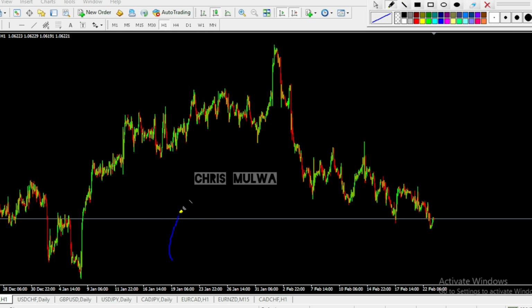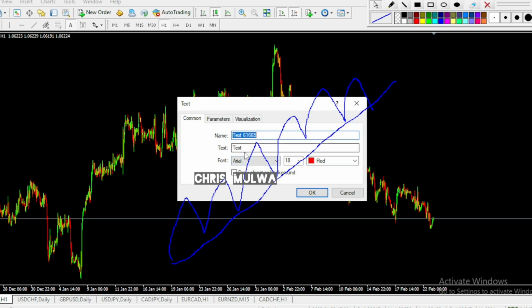We have something like this. This is the market that was going up. I'm trying to make this simpler. This is where we draw our trend line. So that one is what I'm calling the impulse.